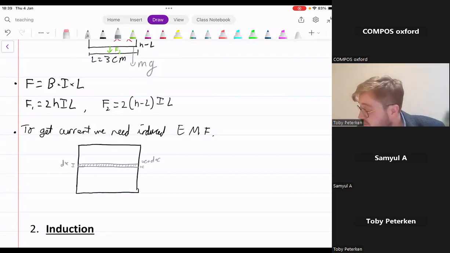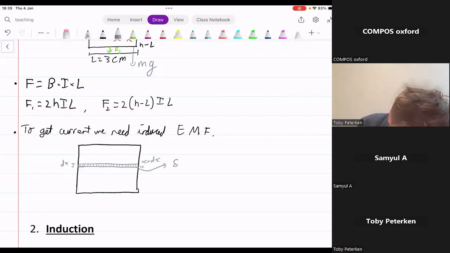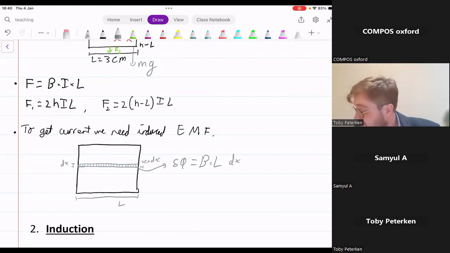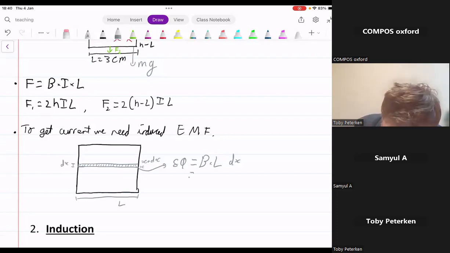So the flux created by this thin band, the small amount of flux, is equal to B times L, which is the width, times dx. And remember that B equals 2h.